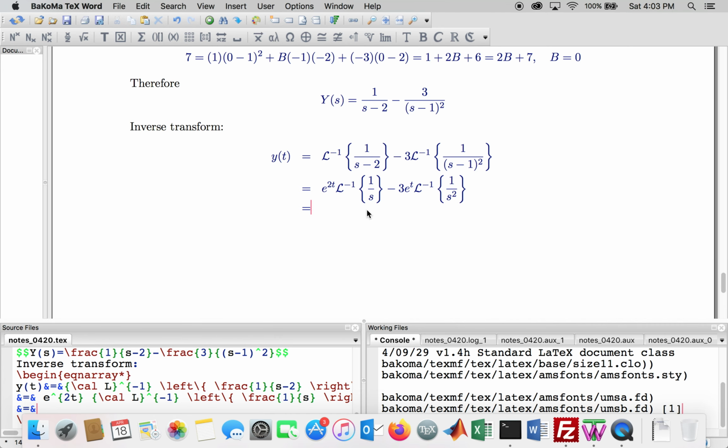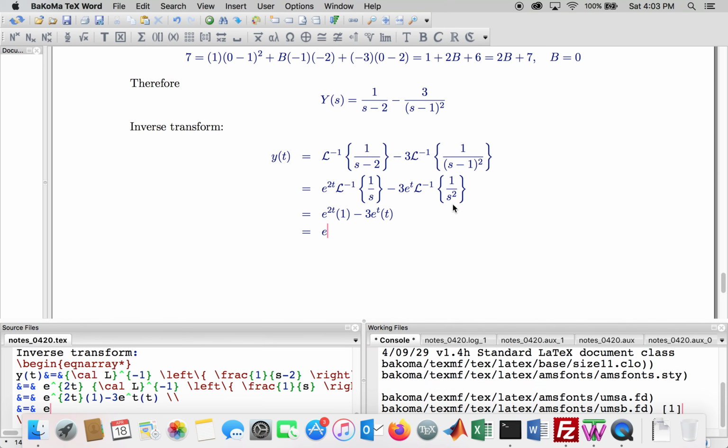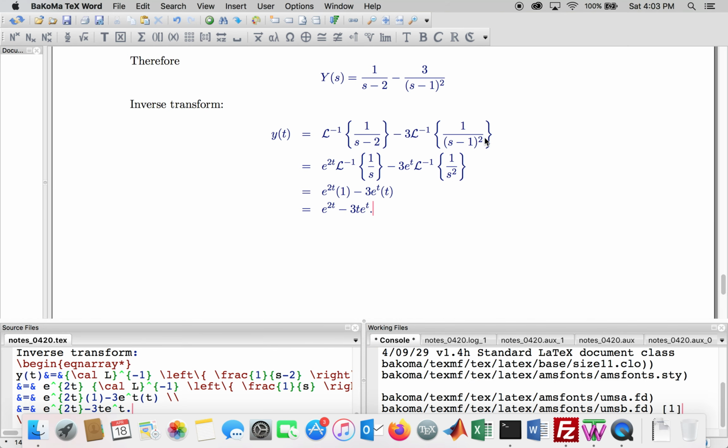Inverse transform of 1 over s is just 1, and then inverse transform of 1 over s squared is t. So finally, we can write down the solution. It's e to the 2t minus 3t e to the t.